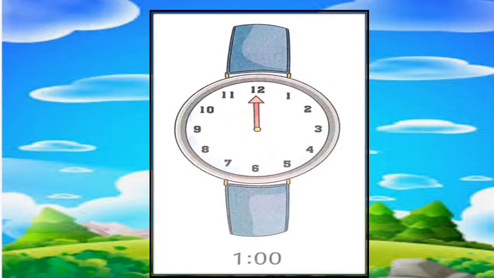Write the numbers 1 to 12 on the face of the clock. 1, 2, 3, 4, 5, 6, 7, 8, 9, 10, 11, 12.